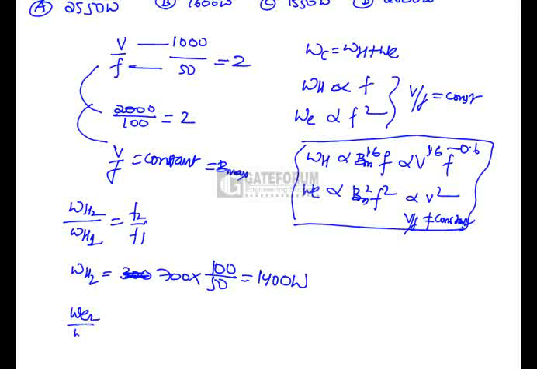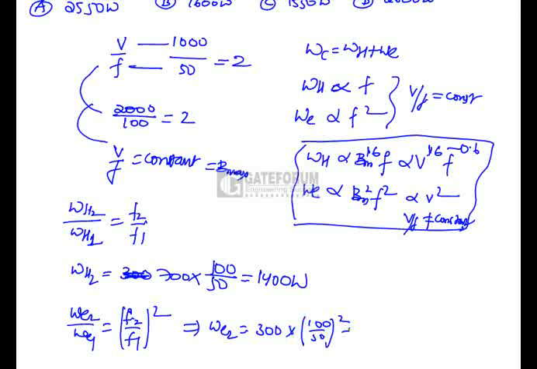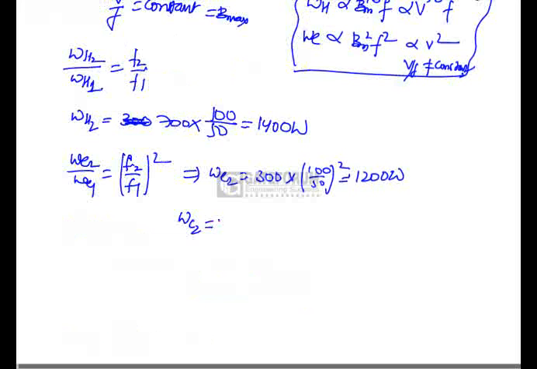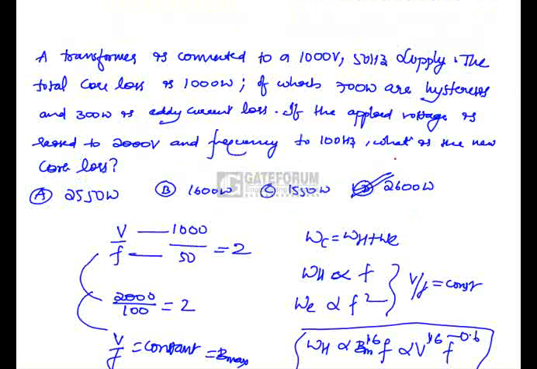Similarly, WE2 by WE1 is equal to (F2 by F1) whole squared. So the eddy current loss 2 at 2000 volts is equal to eddy current loss 1, which is 300, times (100 by 50) whole squared, which is equal to 1200 watts. Now what is the new core loss? WC2 is WH2 plus WE2, which is 1400 plus 1200, equal to 2600 watts. So option D is the correct answer.